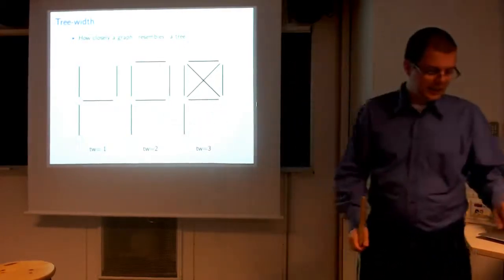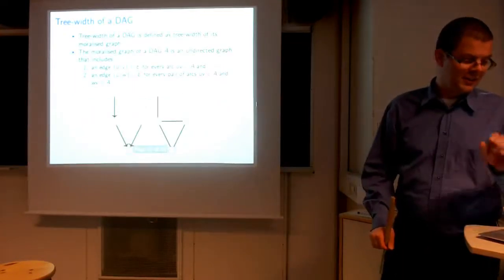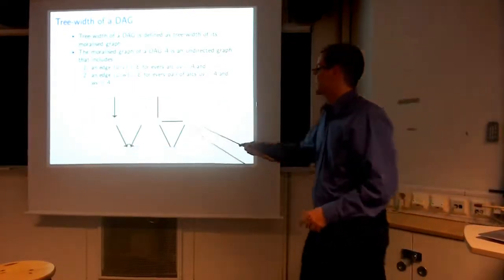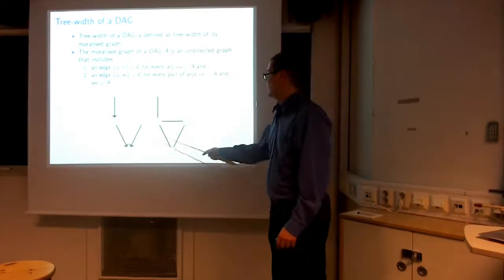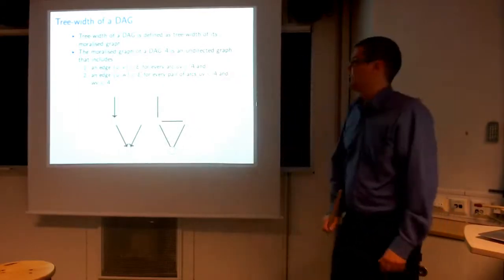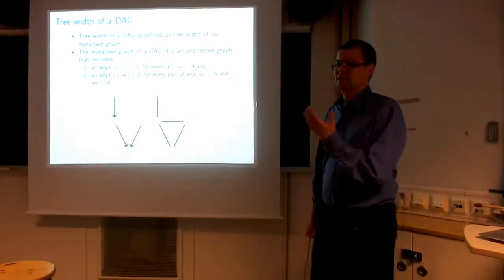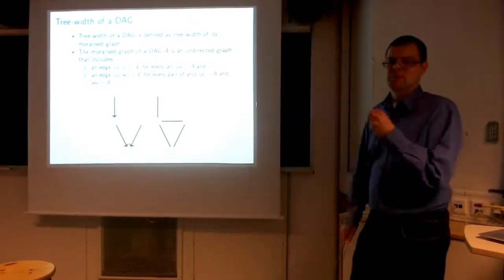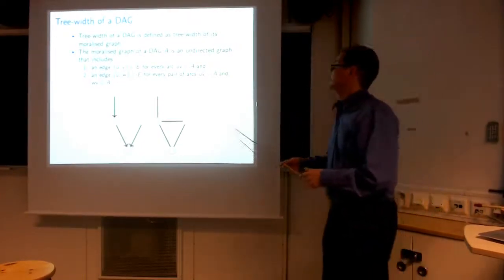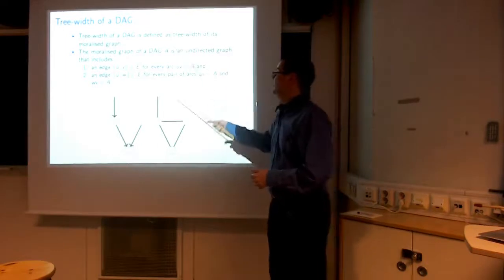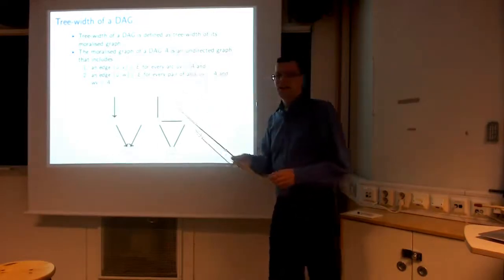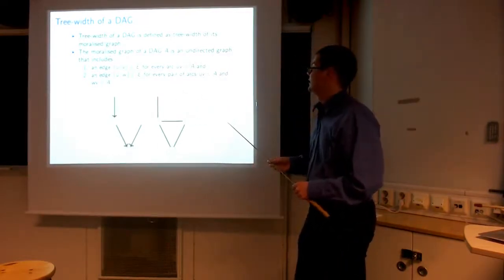And for those who know what treewidth is, you might wonder that we had DAGs, so directed graphs. When I say that a DAG has bounded treewidth, what I mean is that the moralized graph of the DAG has bounded treewidth.